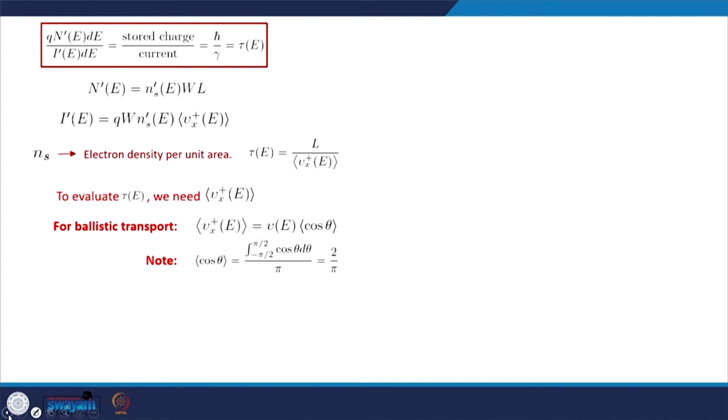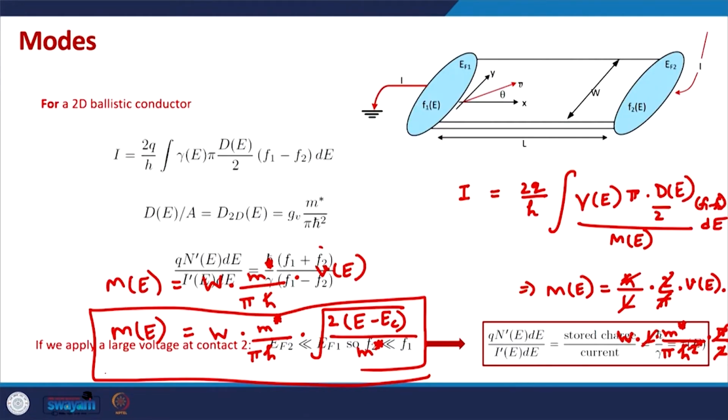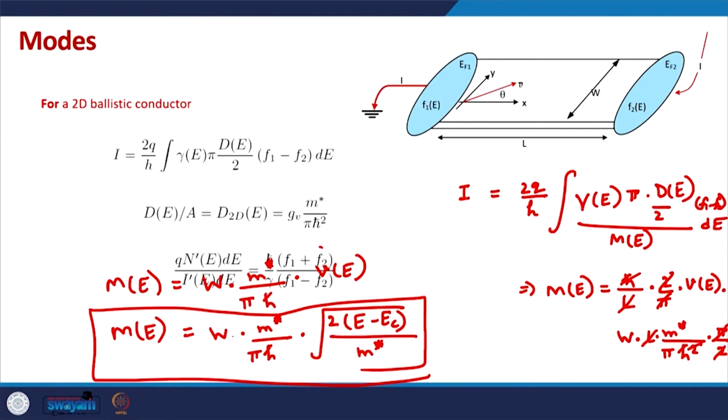So, this expression for the modes, W times m star divided by pi h bar, is equivalent to that expression, and that is also written as W times M2D(E).